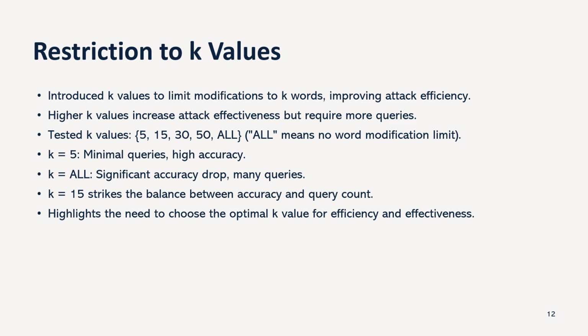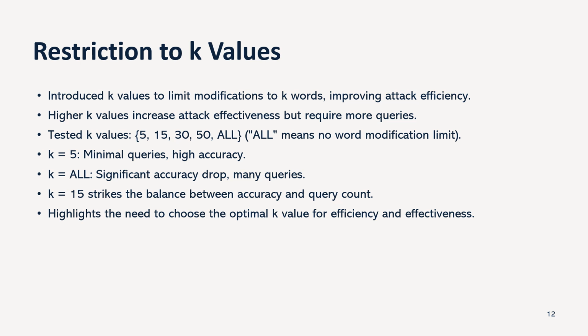The optimal k value aims to strike a balance between minimizing accuracy loss and reducing the query count. In our case, k equal to 15 achieves this balance. Although k equal to 30 may offer a similar equilibrium, these findings stress the importance of evaluating various k values for effectively meeting different trade-off objectives.